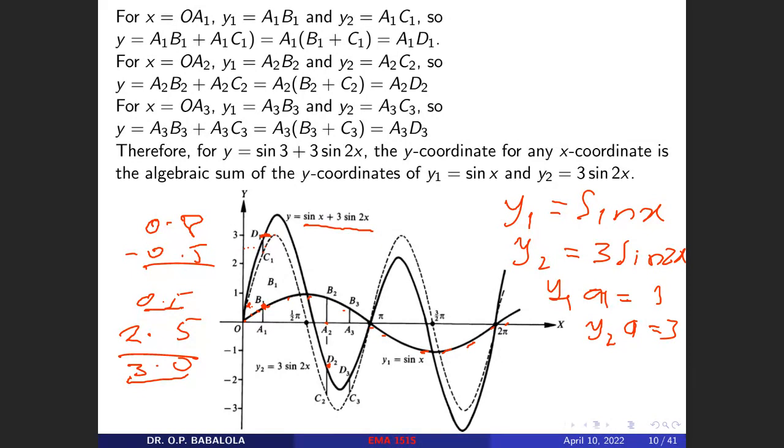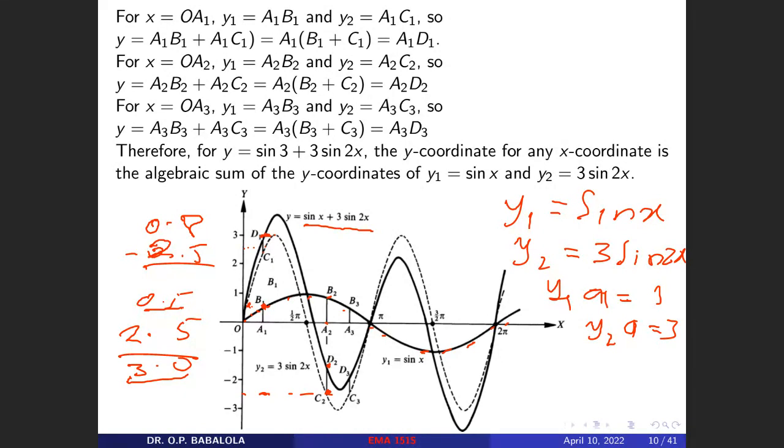This value plus this value, sorry, it's here. That's minus 2, let's say 2.5.